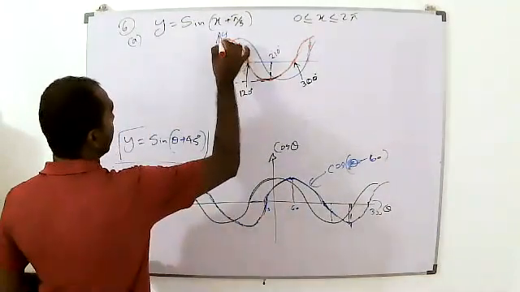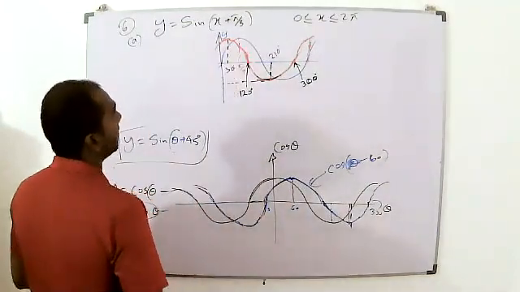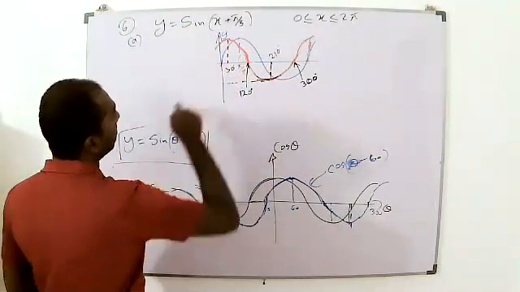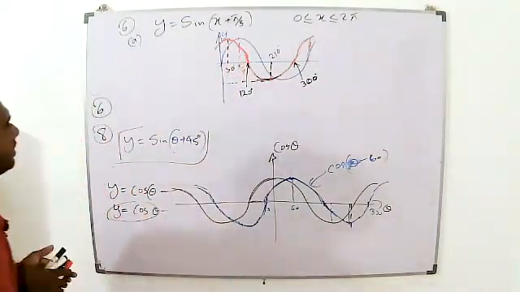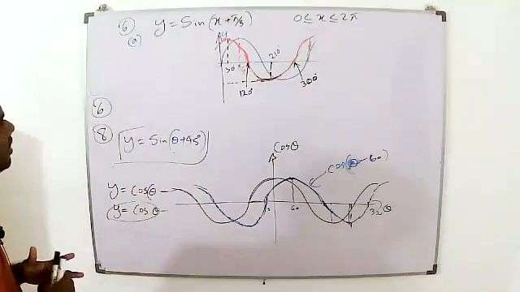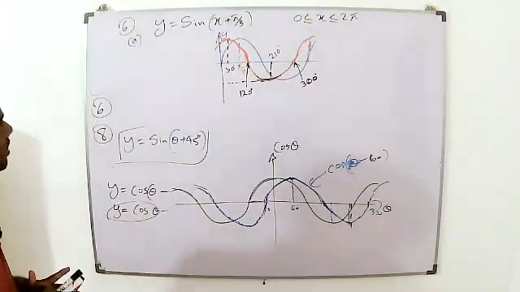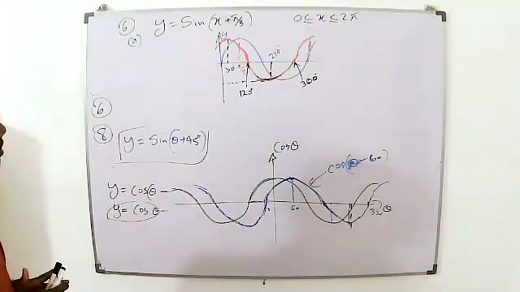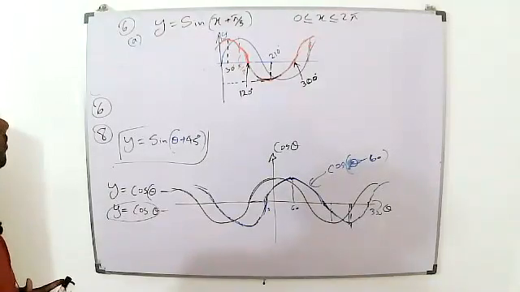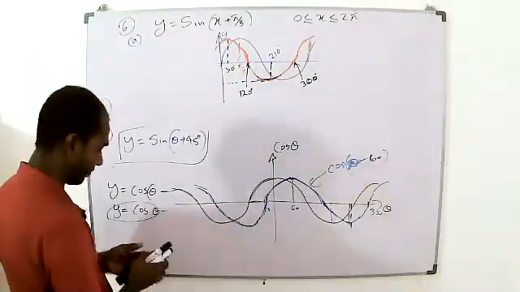Y axis meets at which point? What is the coordinate? X is 0 and y is going to be how much? Sine pi divided by 3.